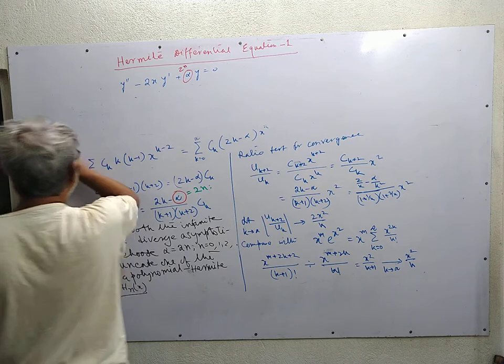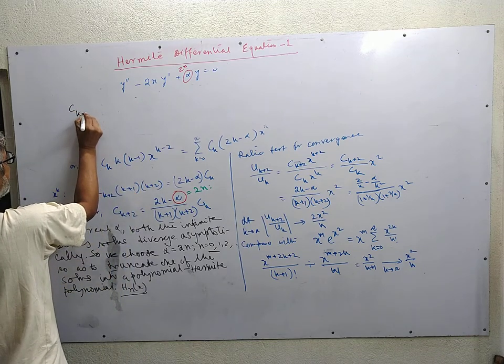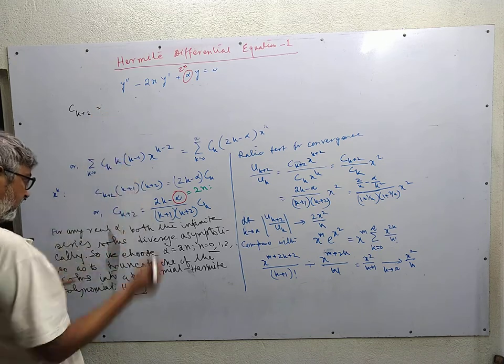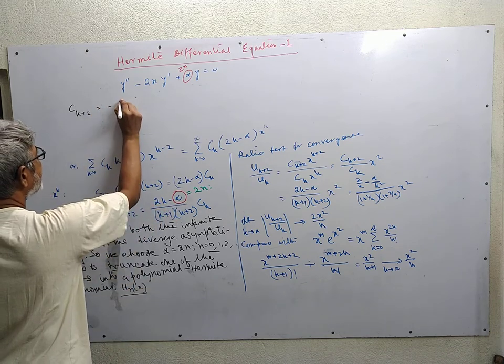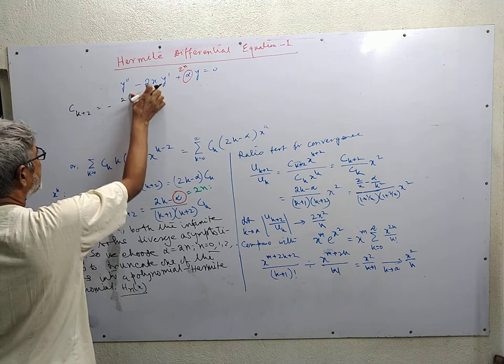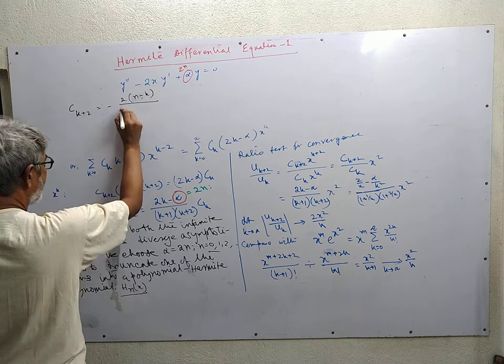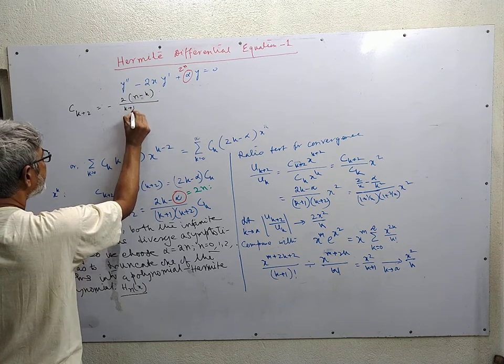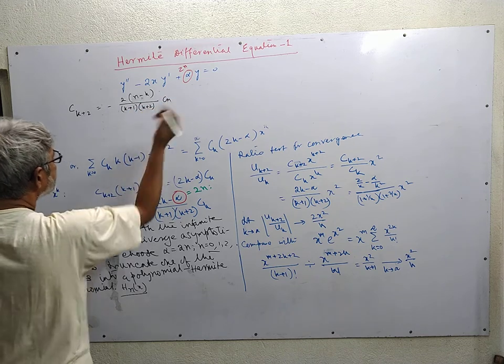So we have C k plus 2 is equal to, this is 2n, and we write it as minus 2 times n minus k over k plus 1 into k plus 2, times C k.